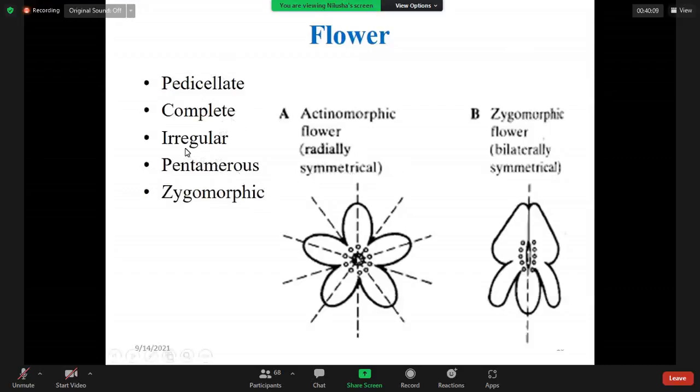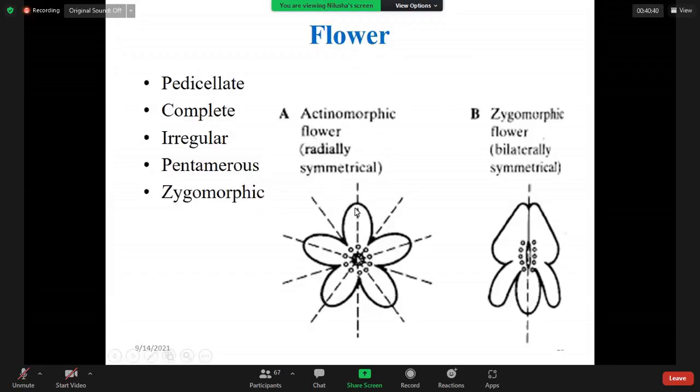And the next character is irregular. In the Solanaceae family, is the flower irregular or regular? Regular. Yes, regular. But here, the flower is irregular, because irregular means the flower has only one line of symmetry.